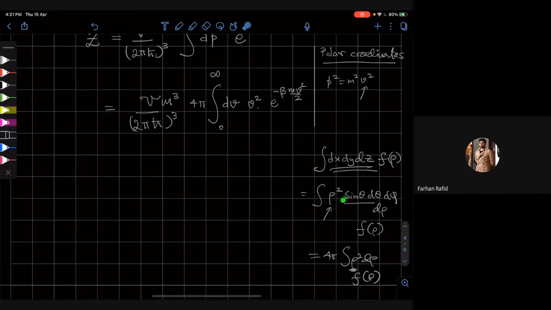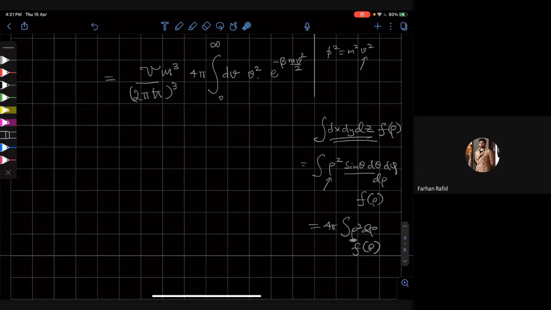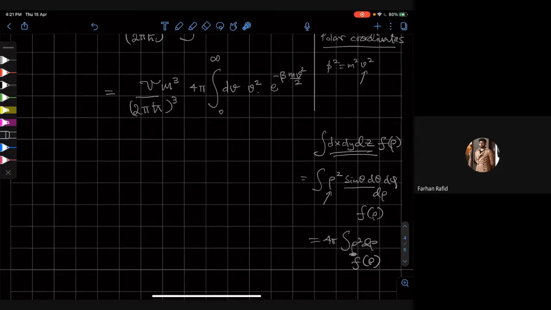So is this a positive number or not? It's a positive number, so the integral here would be from 0 to infinity. We're just taking the whole space. The volume is finite, but the momentum can be anything.